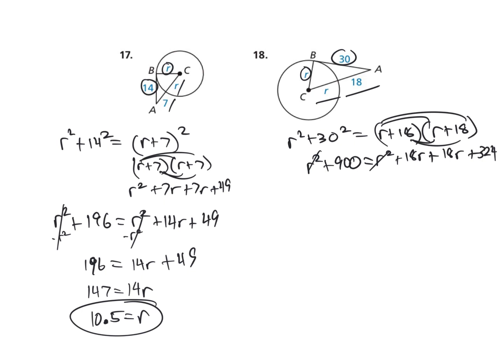So the r squareds we know are going to cancel out at this point. So we have 900 equals 36r plus 324. So we subtract 324 from 900. You get 576 equals 36r. So divide that by 36, and r equals 16.